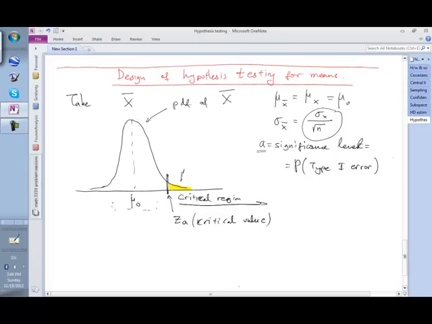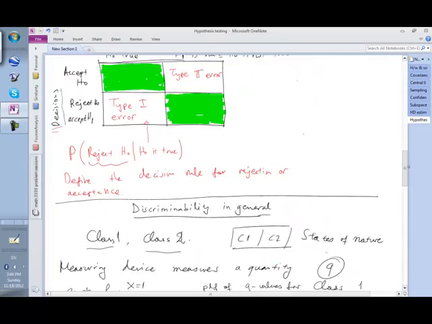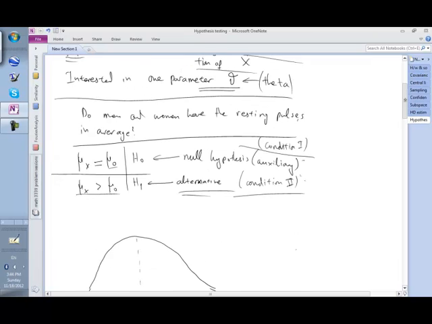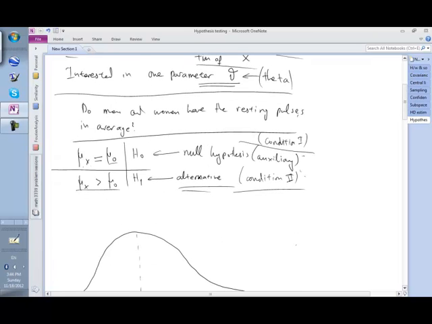Remember what I wanted to test. I'm testing a hypothesis that says the mean of x is less than or equal to mu sub 0, and of course we work with the equal, not with the less. Against the alternative, which always has to be the opposite statement from the null, the mean of x is greater than mu sub 0.